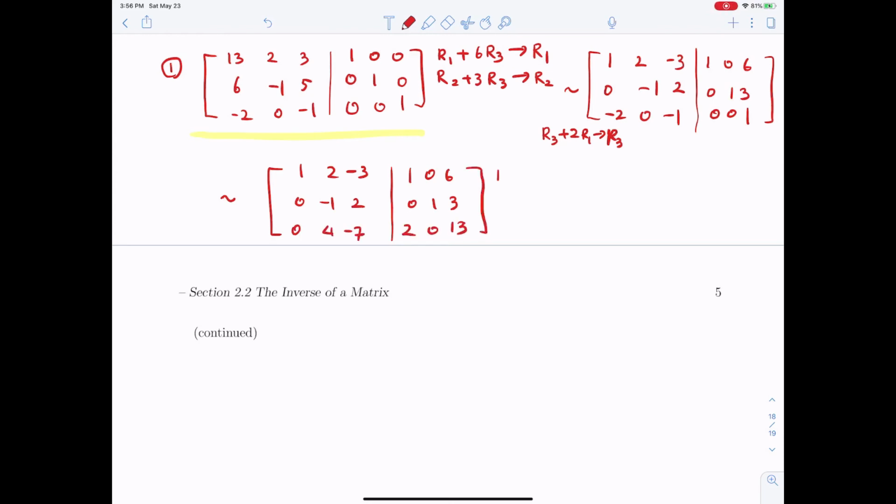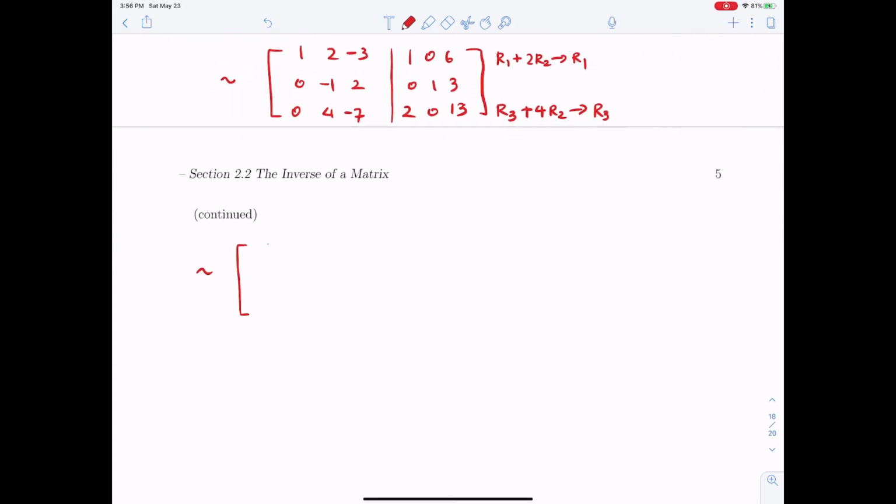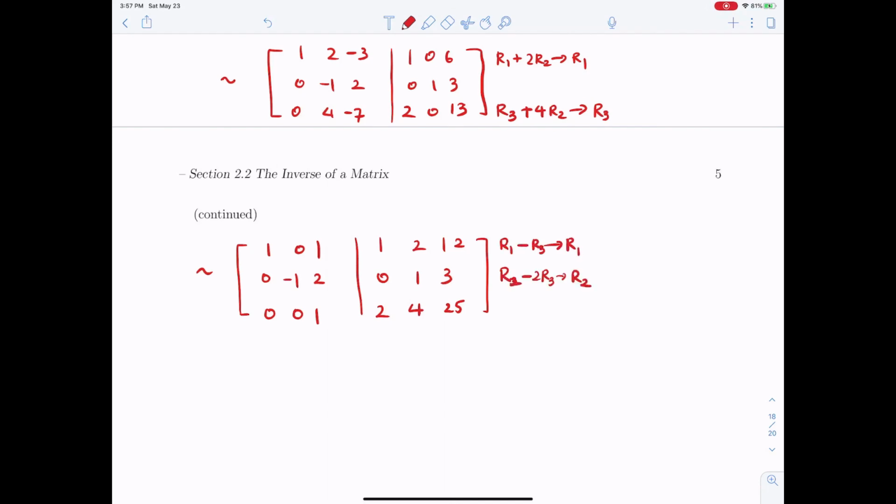Now if I add R1 plus 2R2 and replace R1, and add 4R2 into R3 and replace R3, then you get 1, 0, 1, 1, 2, 12, 0, negative 1, 0, 0, 1, 3, and 0, 0, 1, 2, 4, and 25. And then if you subtract R3 from R1 and 2R3 from R2, this will give you 1, 0, 0, 0, negative 1, 0, and 0, 0, 1.